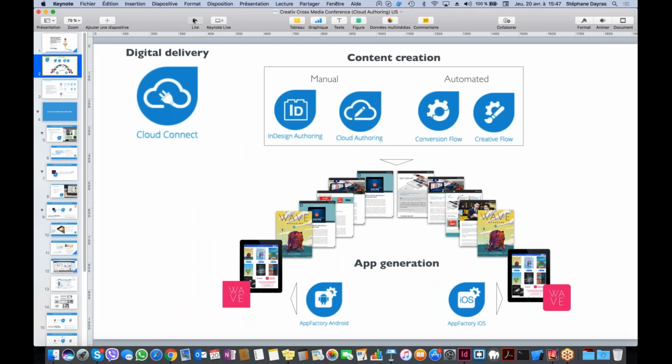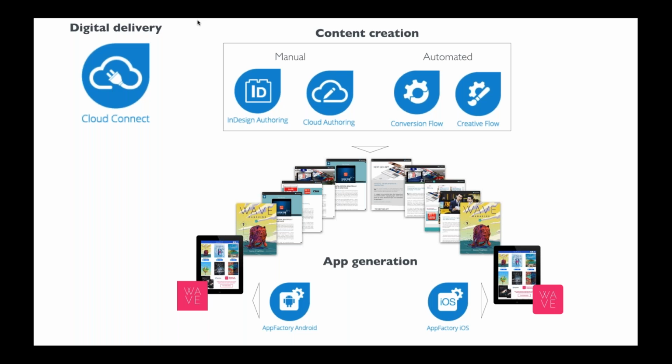As you could see in this slide, with the InDesign plugin, you will be creating the content. Then you'll be creating the apps with two other tools, part of our family, of our solution family, which are the App Factory tools at the bottom of this screen, which will enable you yourself or your partner or ourselves, because we are also providing this service if you want for you, which will provide you a way to generate your own applications for iOS, for Android, for Windows now, 8 and 10, as well as Mac OS 10.